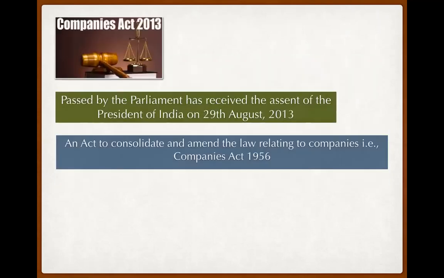So after that, when there was an immense need of bringing the law into compliance with the latest practical approaches, the Companies Act 2013 was passed in the Indian Parliament on 29th of August 2013, and it consolidated all the provisions of the 1956 act except a few which were not feasible to carry over as per the practical present scenario, and new provisions were also added. So the 1956 act was repealed, and the 2013 act took over and superseded it.